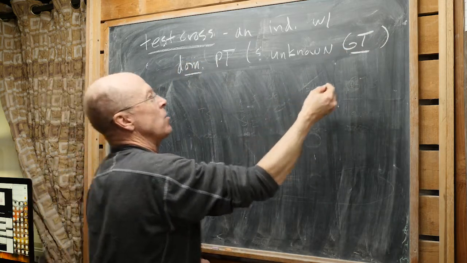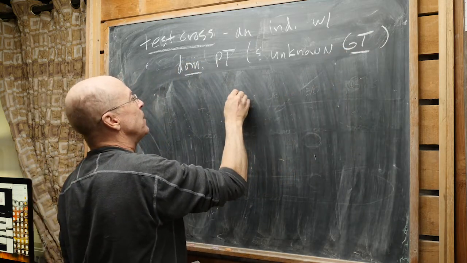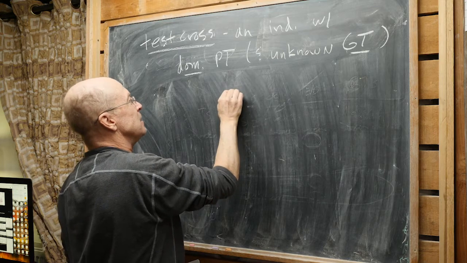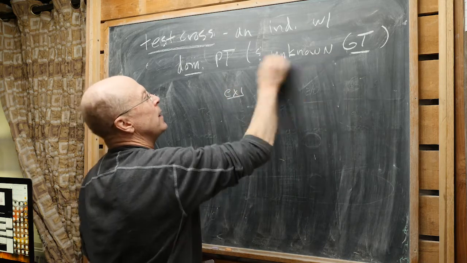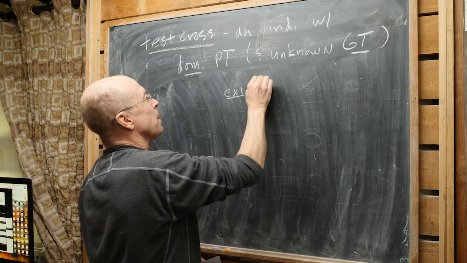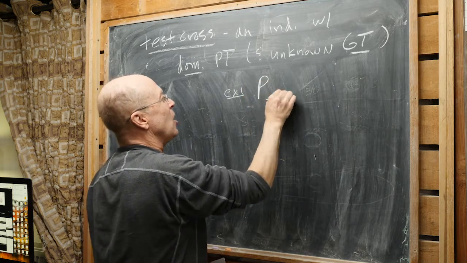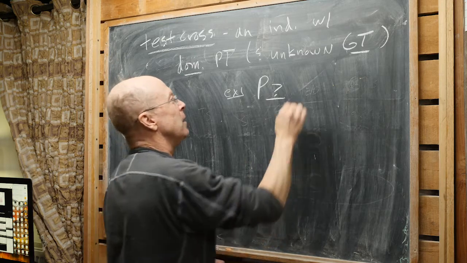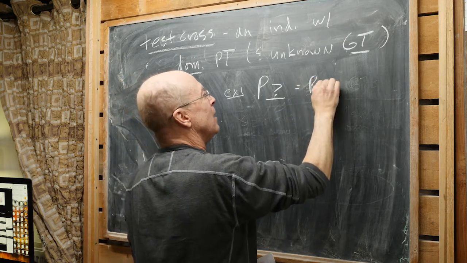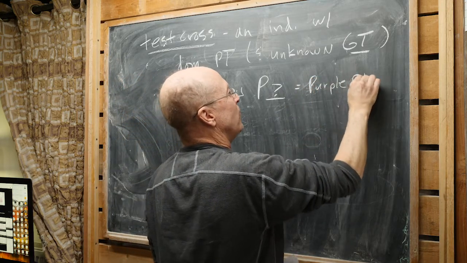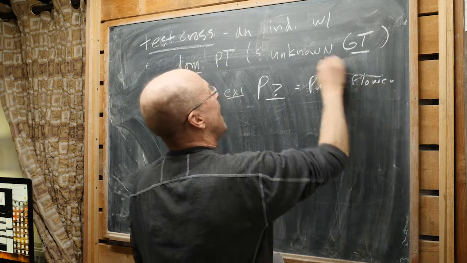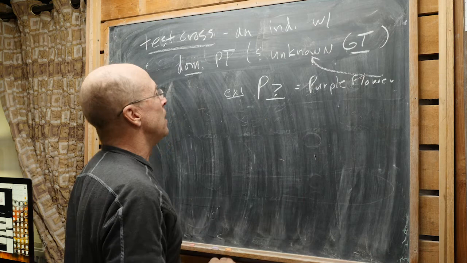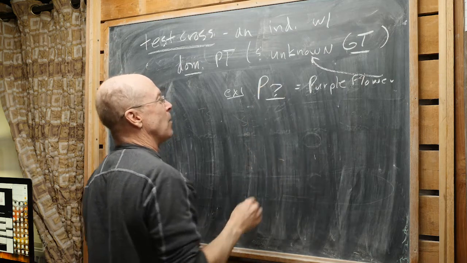And do you know how I would represent this, by the way? I would represent this as, let's say that it's in the flower system. For example, the way that I would say this is P question mark. And that is a purple flowering P, but it has an unknown genotype. So that is P question mark.